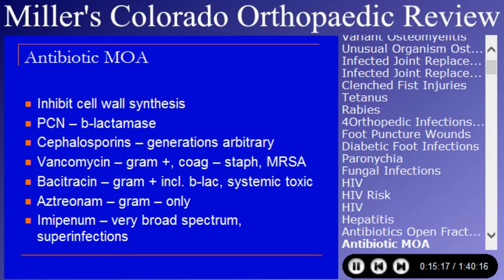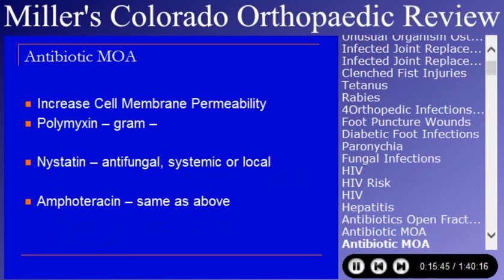Antibiotic mechanisms of action, again, should be medical school stuff, and I'm going to go through relatively quickly. The common antibiotics that we use a lot, cephalosporins, inhibit cell wall synthesis, as does vancomycin and bacitracin. Beta-lactamase resistance you are aware of with penicillin.